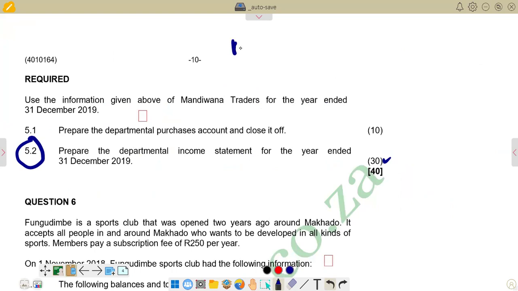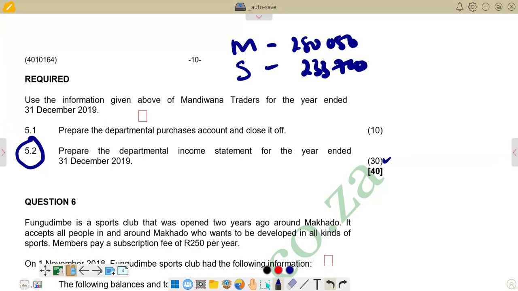So for microwaves, the figure that we got in the previous video for purchases was 280,008. And then for stoves, the figure that we got for purchases was 233,700. So these are the figures that we are just going to put there.